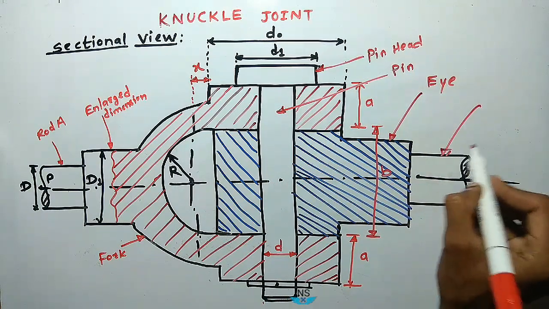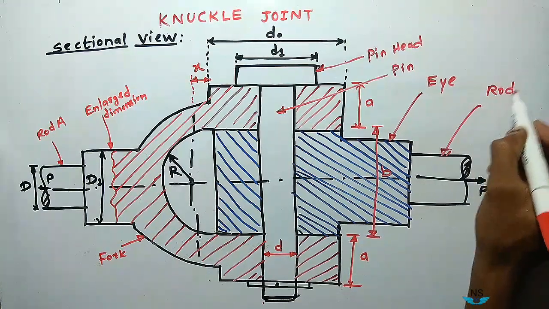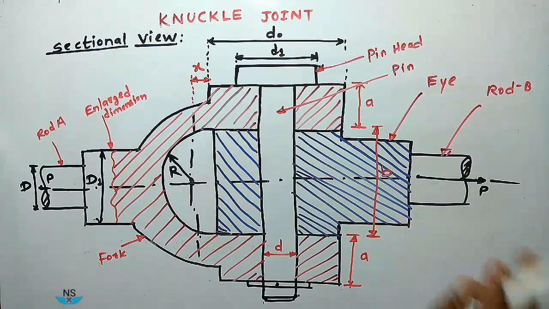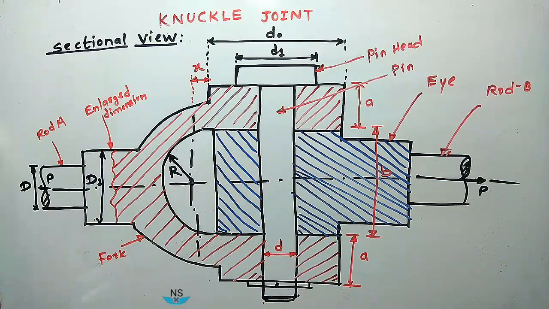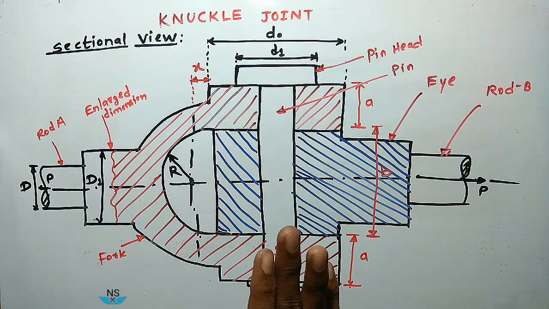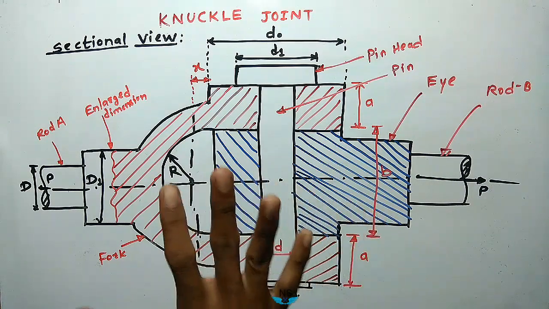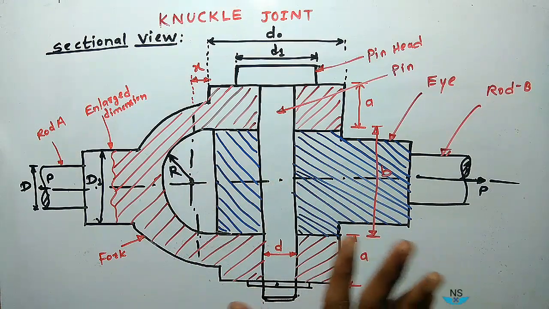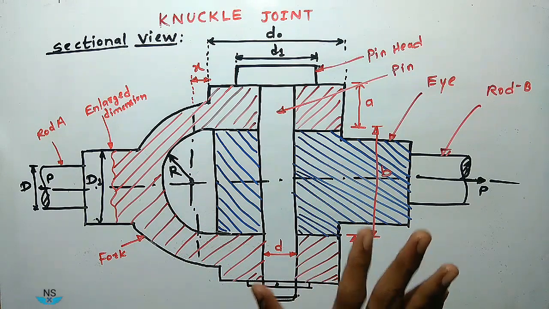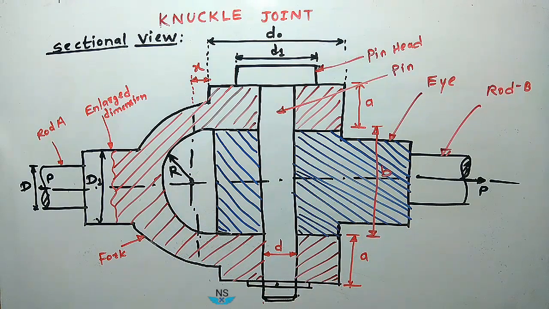This is rod B. So these are the various dimensions of the knuckle joint, and this is the sectional view of the knuckle joint. So after solving each problem, you should draw this sectional view or this diagram of the knuckle joint.